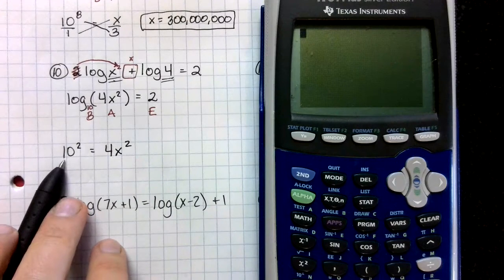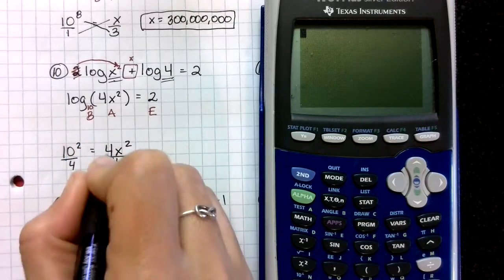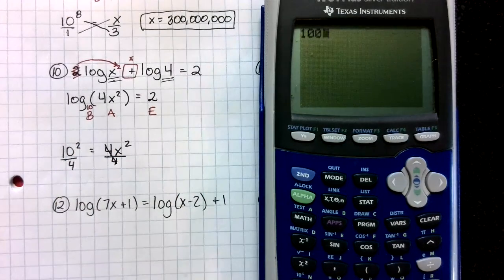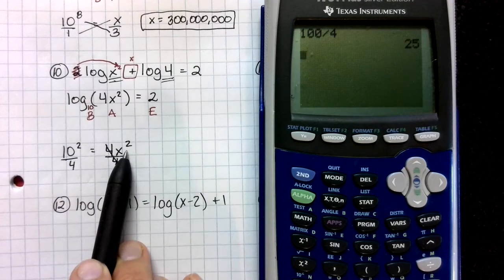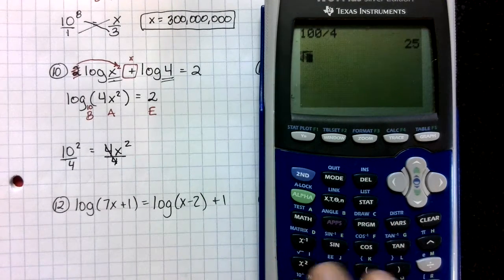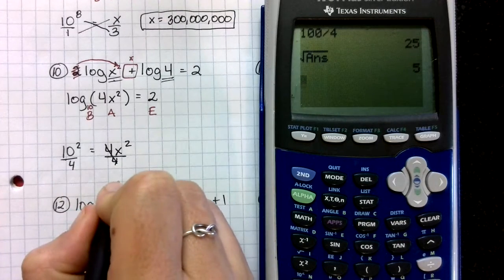Now, this one's a little easier to work with because 10 to the power of 2, you should know, is 100. So I'm going to divide each side by 4. Then, to get rid of the square, I have to take the square root. So this one works out really nice because, as you know, 25 is a perfect square.